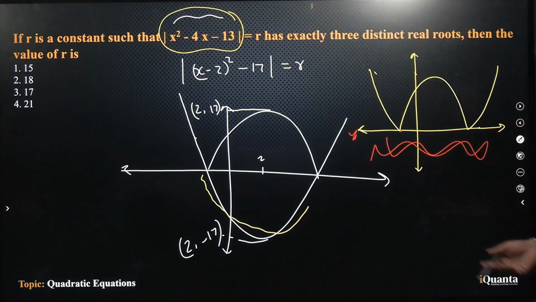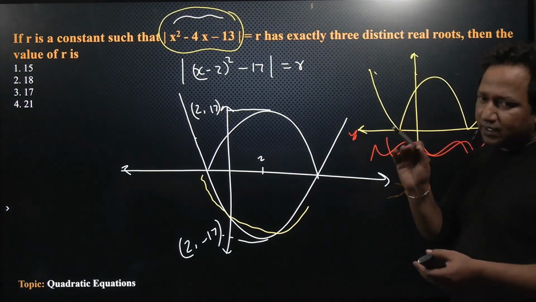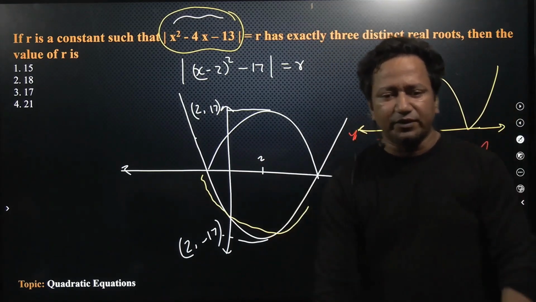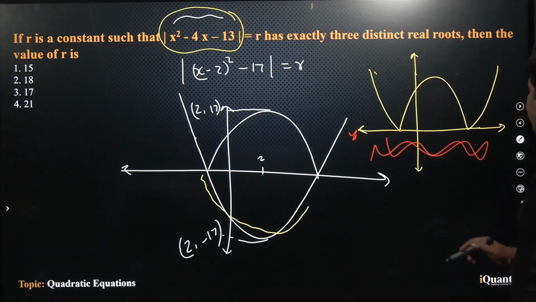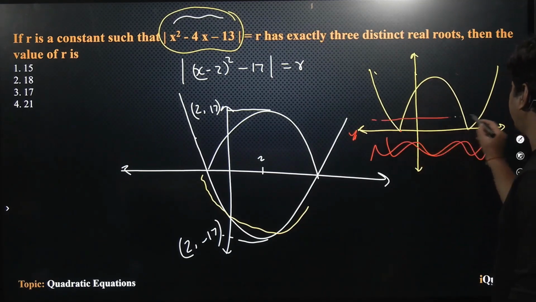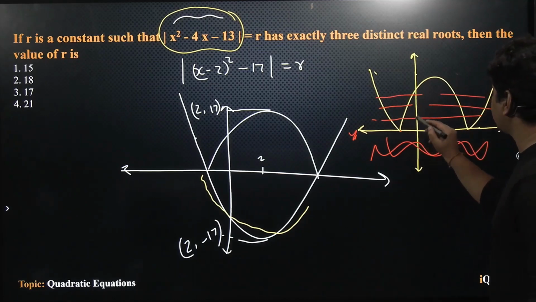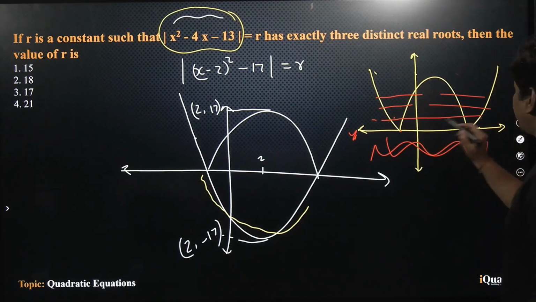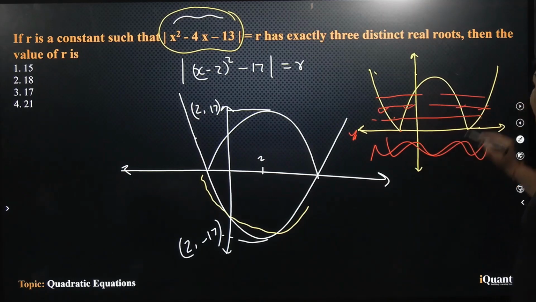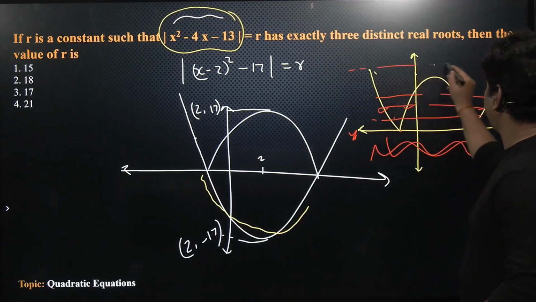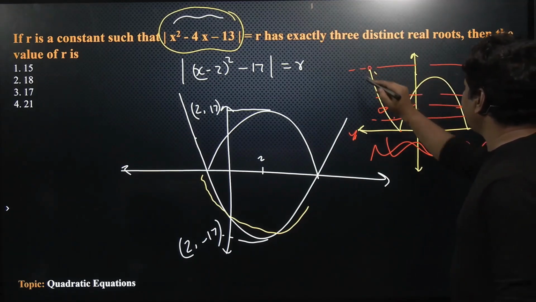So of course, r cannot be equal to 0. Similarly, if I put r here or here, we'll have 1, 2, 3, 4 points like this. And if I put r here, then I'll be getting only 2 points, 1 and 2.